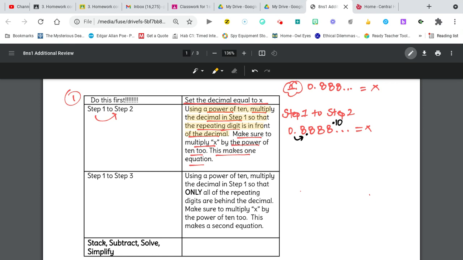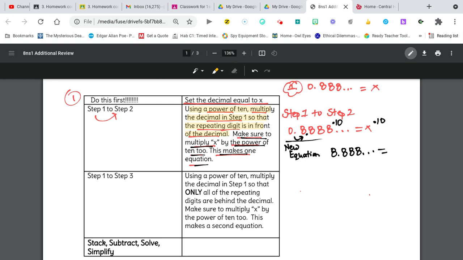But now it goes on and says, make sure that you multiply x by that power of 10 too. So if I multiply that by 10, I've got to multiply the x by 10. And that's going to make one equation. So if I multiply this 0.8888 by 10, I get a new equation. I get 8.88 and so on.